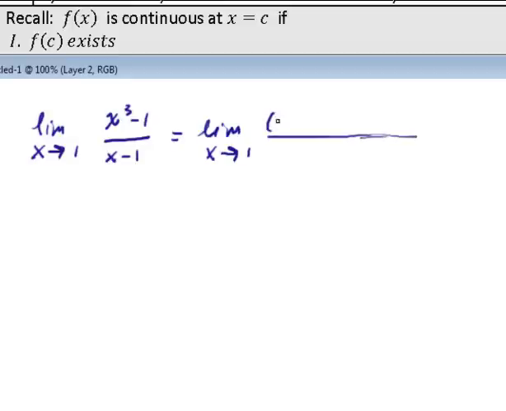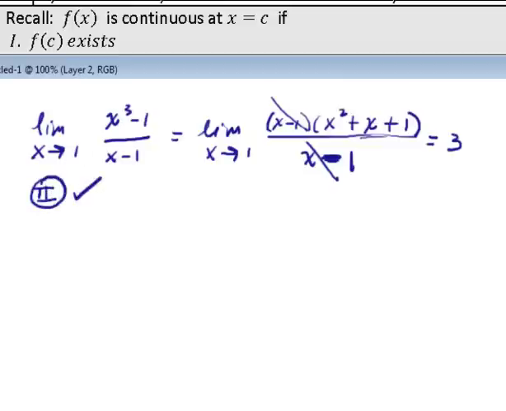This factors as x minus 1 times x squared plus x plus 1, over x minus 1. Okay, these cancel. And here we substitute in the 1 now, we have 1 plus 1 plus 1, we have 3. Okay, so the limit does exist. So that shows that 2 is true, since the limit exists.